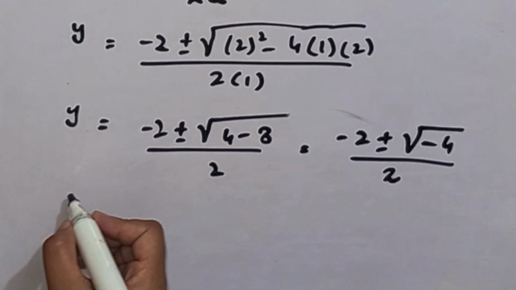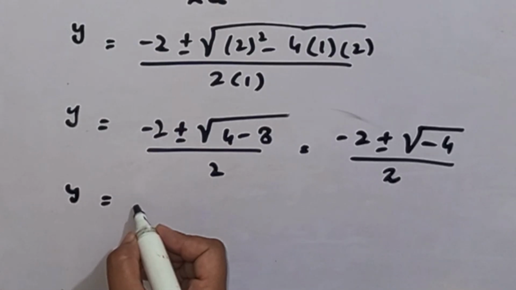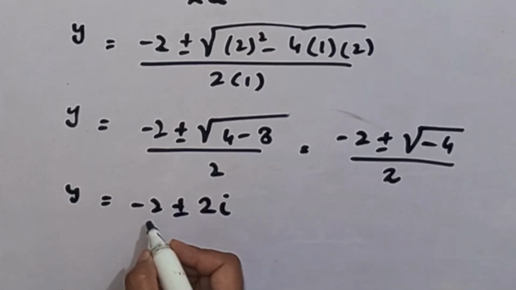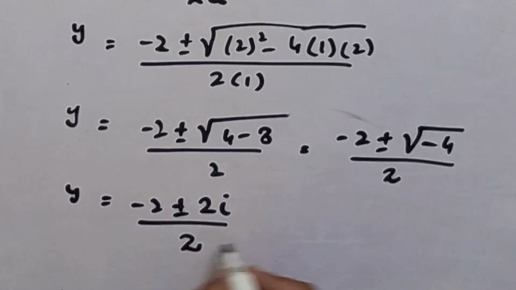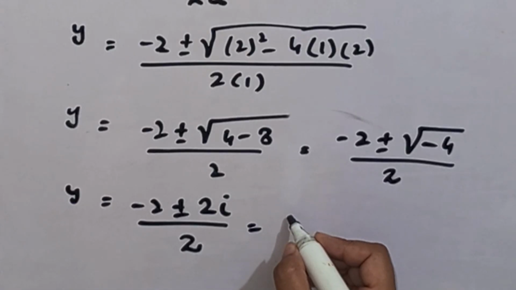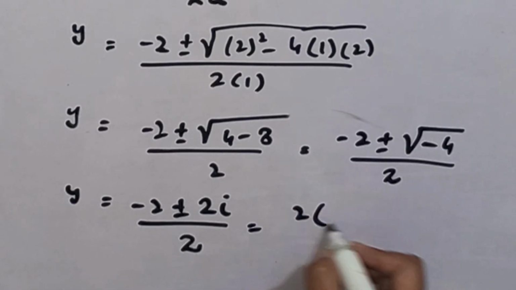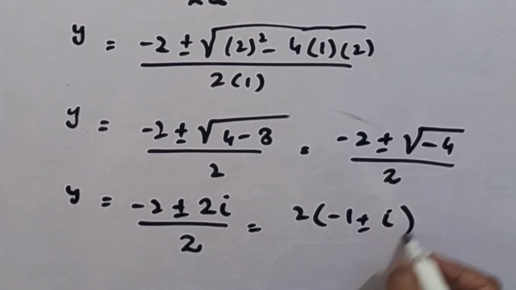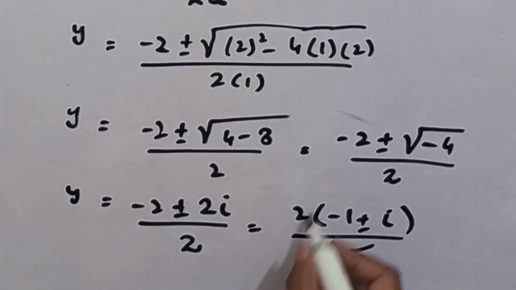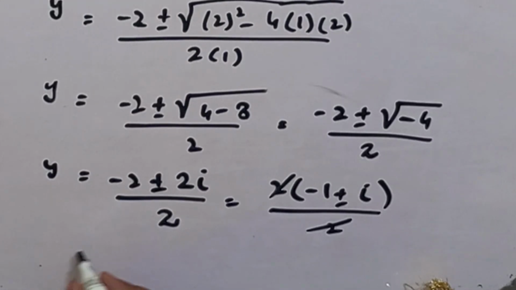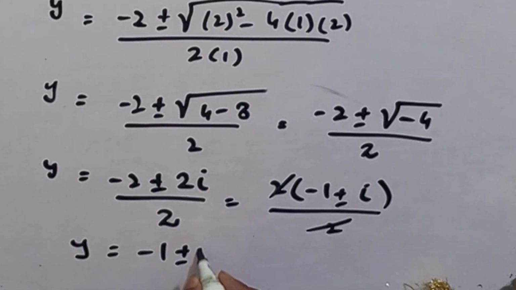And we write this as y is equal to -2 plus minus 2 iota over 2. And again we simplify this, we write this as 2 times -1 plus minus iota. In the next step, this 2 and 2 cancel, and we get the value of y, which is y is equal to -1 plus minus iota.